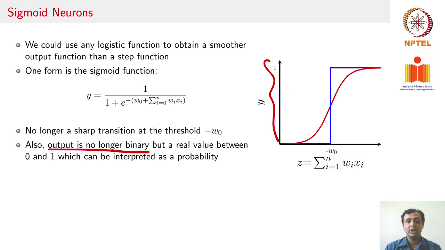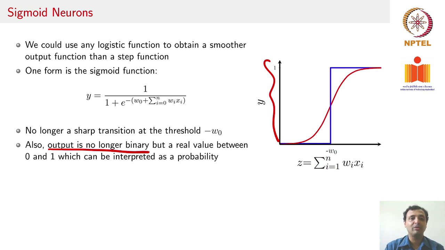So, which means if you used a sigmoid activation function on the neuron in your output layer, it would give you a value between 0 and 1, which can associate a probability with whether a point belongs to the positive class or a negative class.